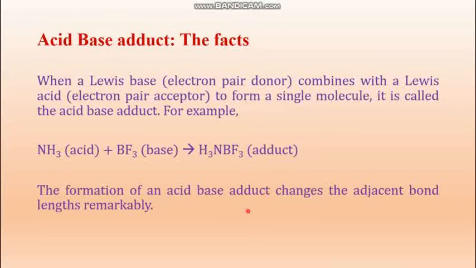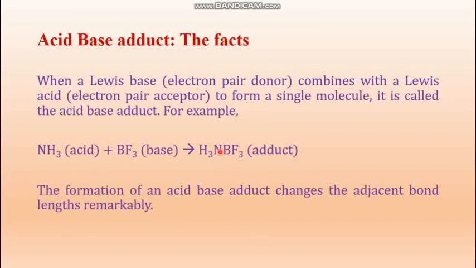After formation of the bond between the acid and the base, as discussed in the earlier class, there is a covalent bond formed with high polarity. That means it has some ionic character.